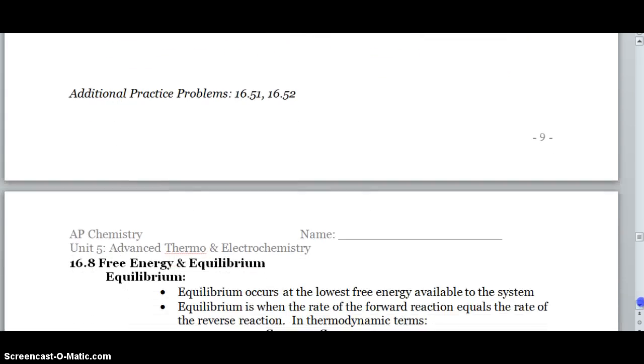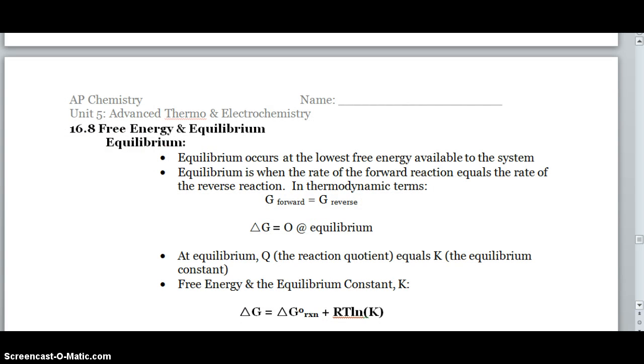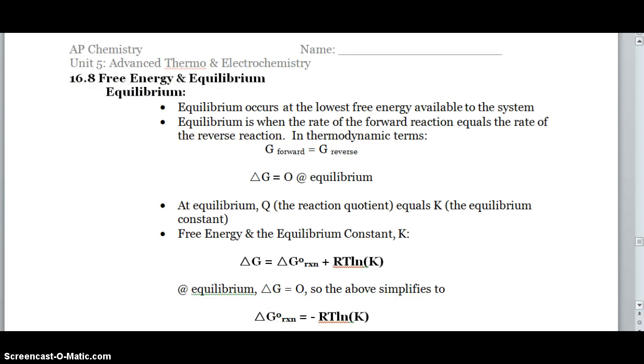So we're going to take a look at this equation and look to see what happens when you're at equilibrium. So we said that during a change of state, delta G goes to 0, and at equilibrium now we see that delta G goes to 0. Notice that is not delta G naught. Delta G naught values are at standard conditions, right? But they're saying delta G, so the non-standard goes to 0.